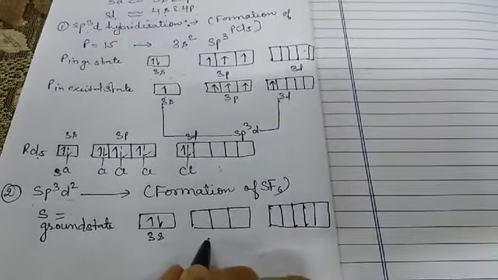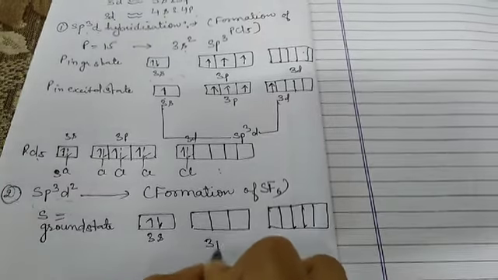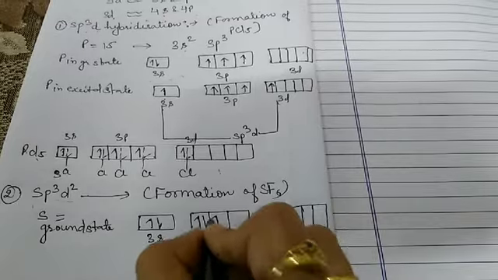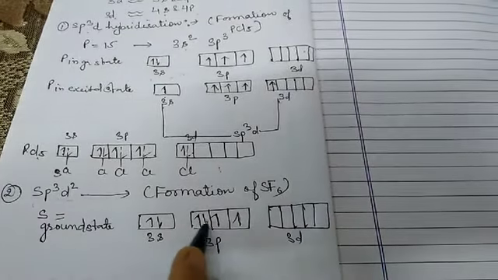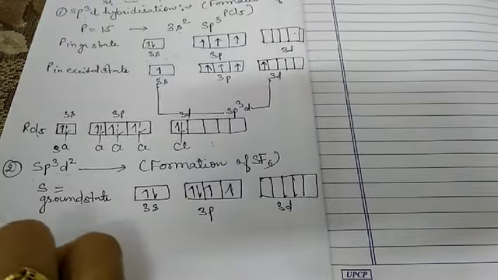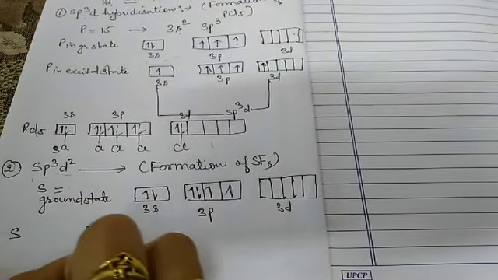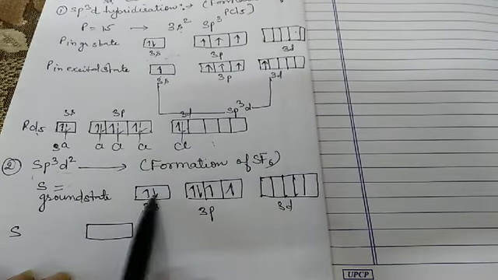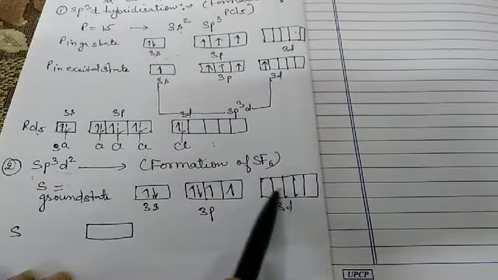When sulfur is in the excited state, 1 electron from here and 1 electron from here move to the d orbitals.